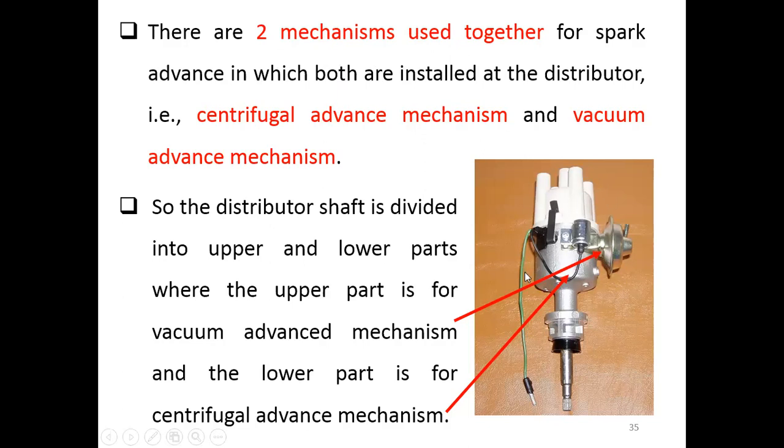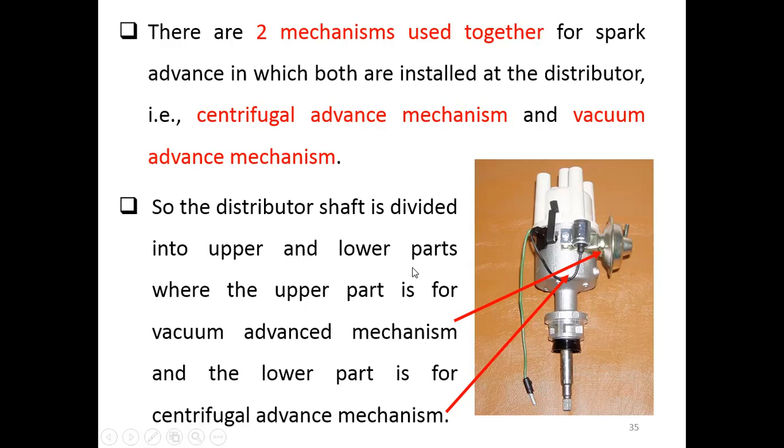This is the picture of the distributor here, right? And these two mechanisms are what? The centrifugal advance mechanism and the vacuum advance mechanism. Okay, so to install these two mechanisms into the distributor, the distributor shaft here has to be divided into upper and lower parts.